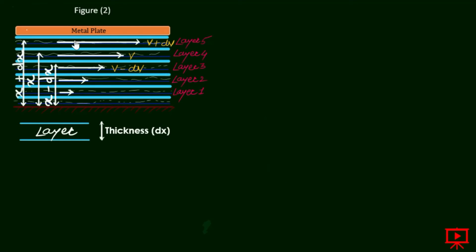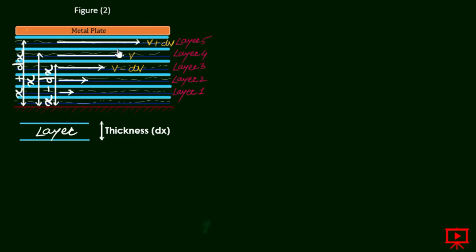So in figure 2, we observe that the entire oil drop is represented in the form of layers. For simplicity, we take 5 layers, but actually there are n number of layers. Interestingly, each layer has a thickness dx that we have to consider initially.